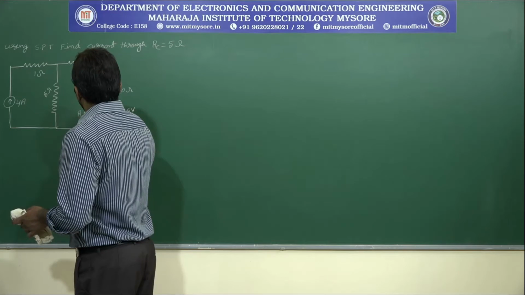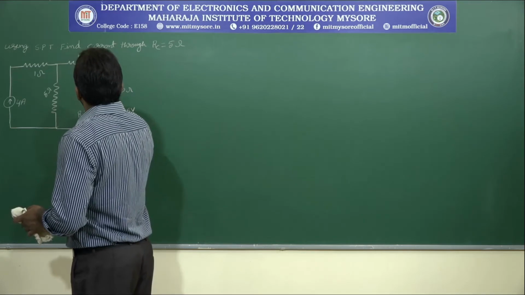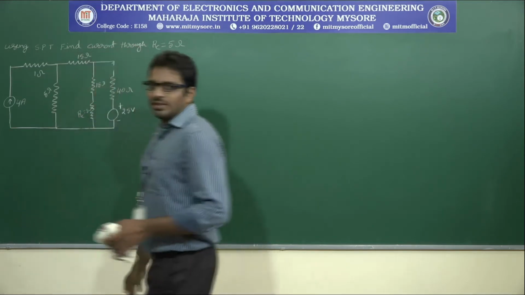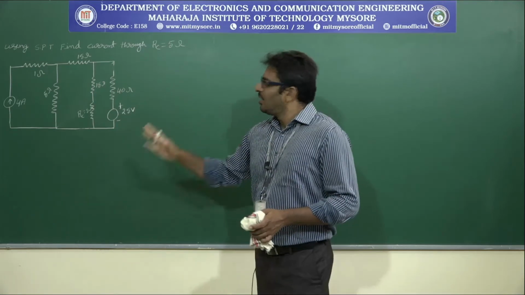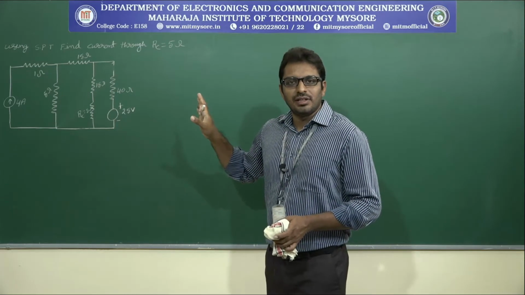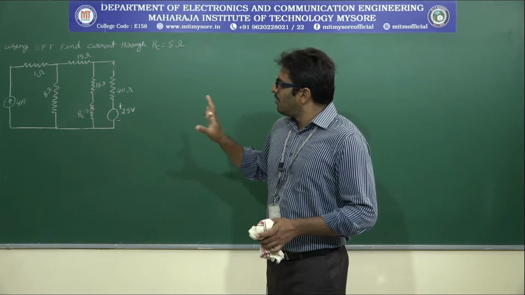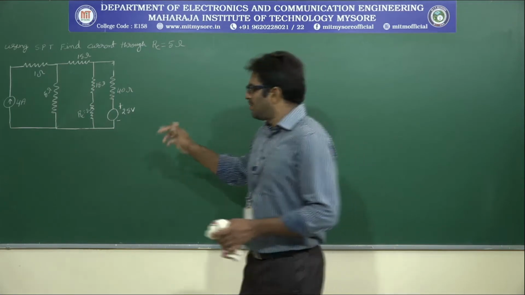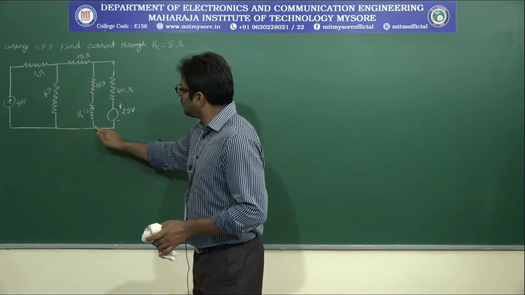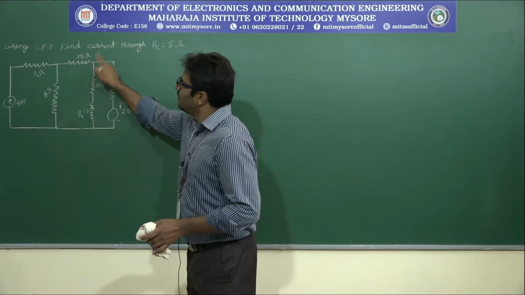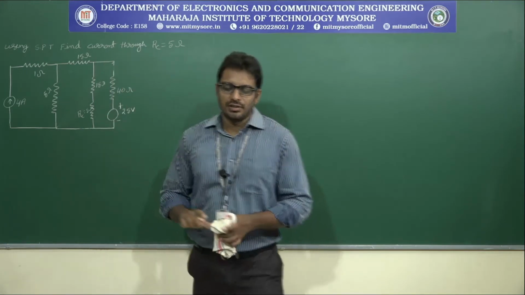This is RC 5 ohm resistor and this is 15 ohm resistor. I just changed the connection pattern, that's all. There is no change with respect to connection. This point is direct to this point and this point is shifted to this point. There is no change in the circuit.